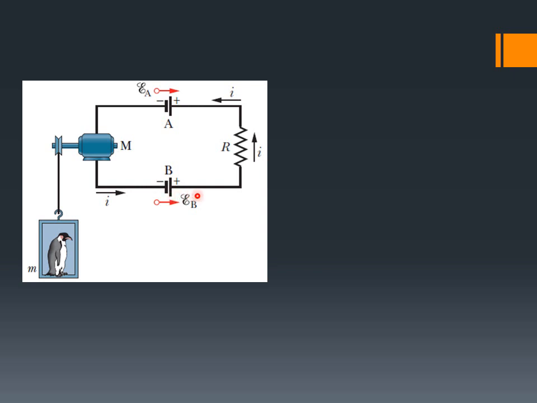Battery B moves the charges in this direction, clockwise, and battery A moves the charges in this direction. And you see that the current has a particular direction, I. So this shows that battery B is more powerful than battery A. It means battery B produces more EMF than battery A.